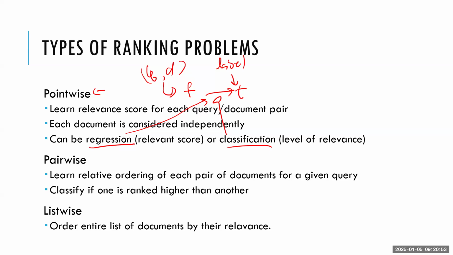If it's a level of relevance, meaning a discrete value like 0, 1, 2, 3, then you can use classification to classify which class of relevance a query-document pair belongs to. So for pointwise, it's nothing new. We can use our previous knowledge to solve this.